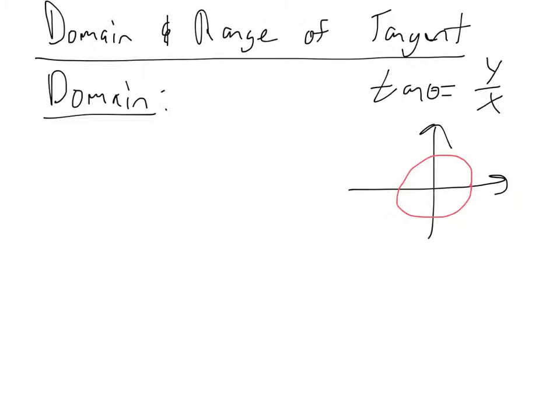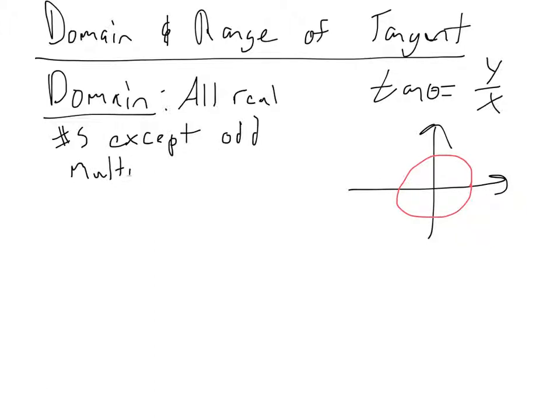So the domain for tangent is going to be all real numbers except odd multiples of pi over 2. So 1 pi over 2, 3 pi over 2, 5 pi over 2, 7 pi over 2. Those are all going to put you on the y-axis, which means that x will be 0.